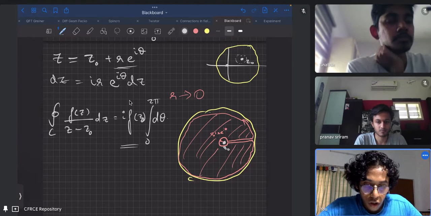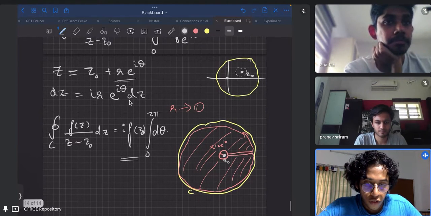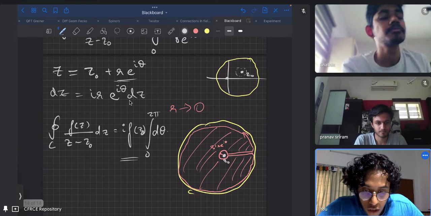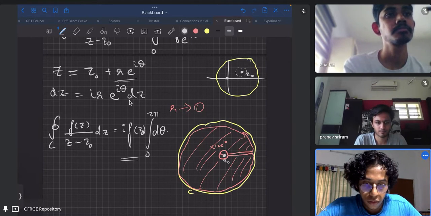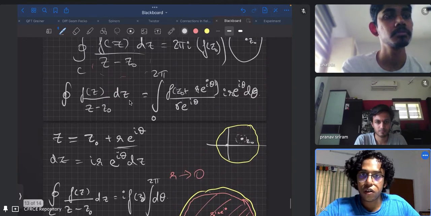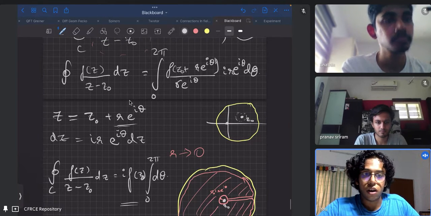Now note that if f of z naught is 0, then you have the function to be 0 there.